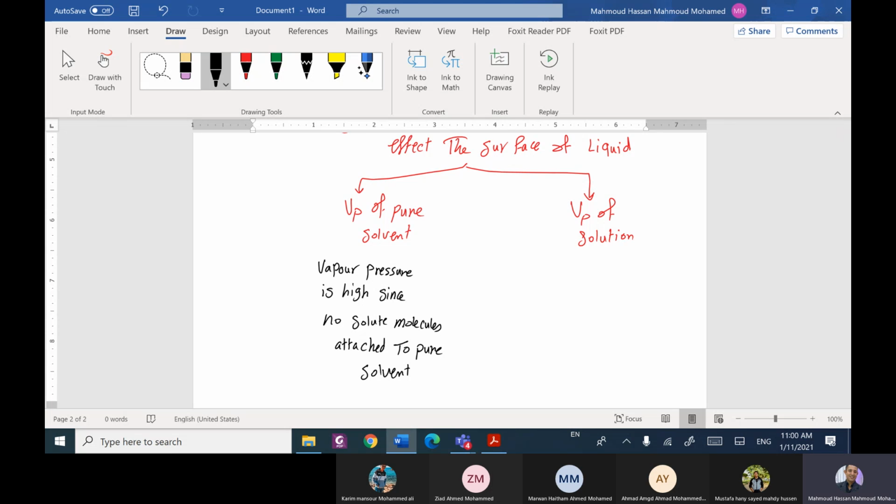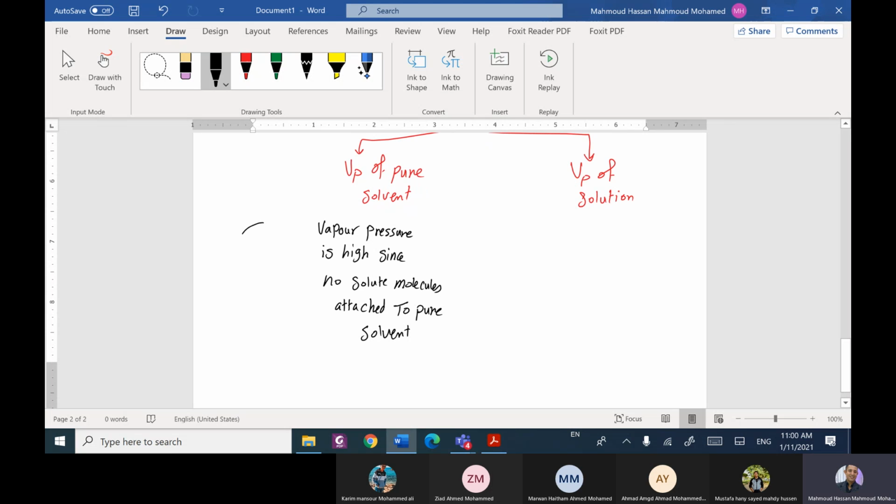For the same experiment, we bring the closed container and put the beaker inside it.